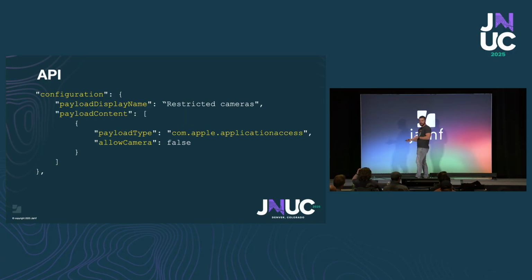You have payload content, and inside payload content, you put the payloads you want to configure with their payload type. Here is an example of restrictions, whose payload type is com.apple.applicationaccess, and I'm just setting camera to be false. And that's all. You can call it, and it will apply.